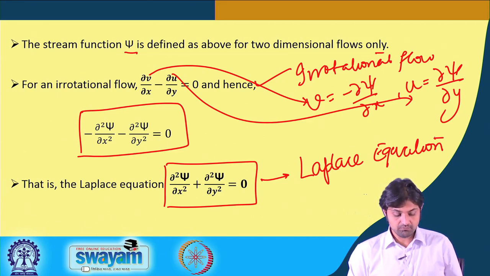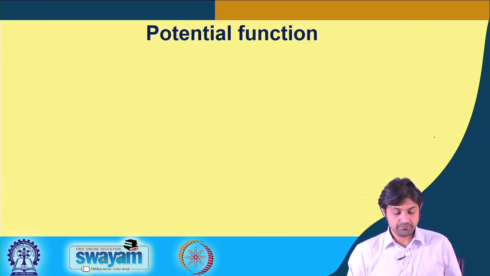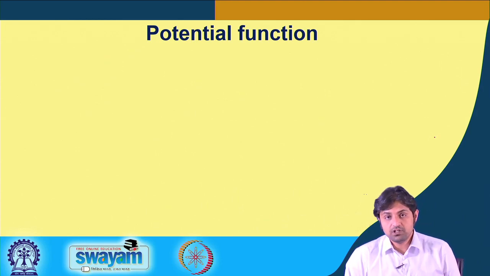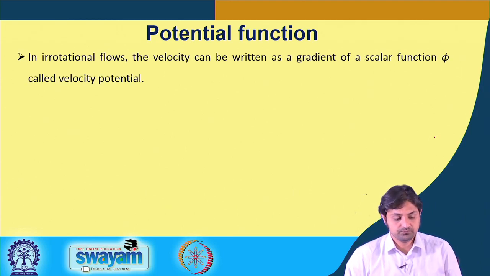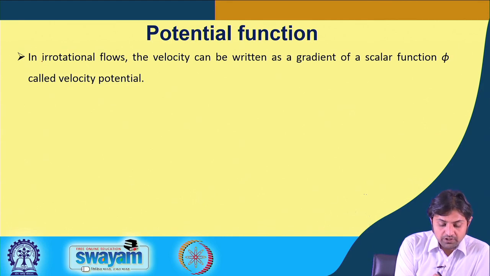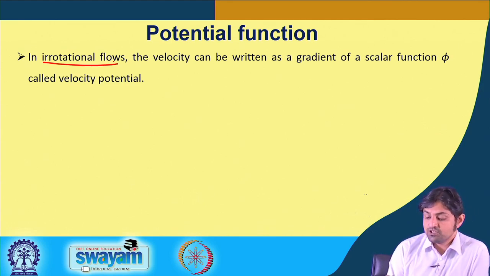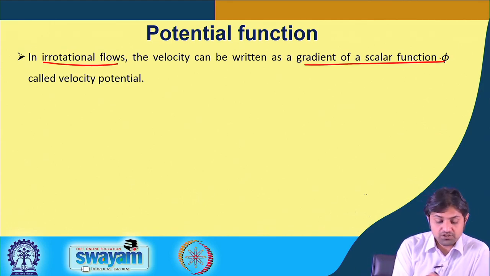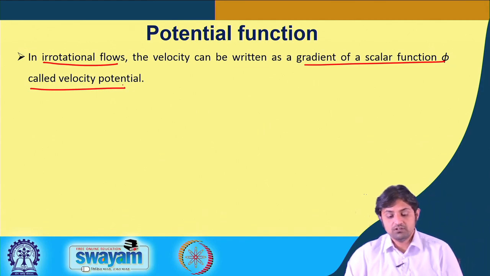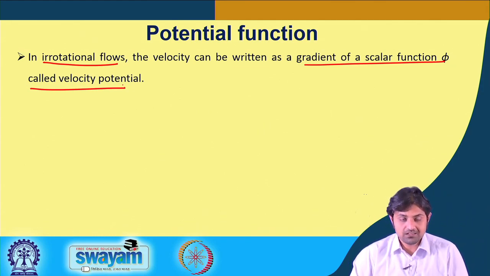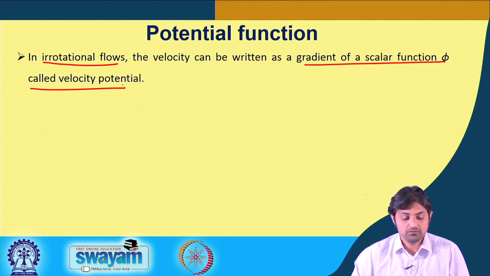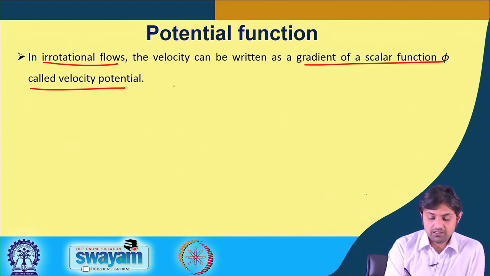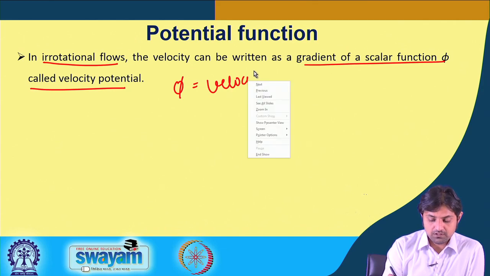All right, we can proceed to the next slide. There is something called a potential function. In an irrotational flow, the velocity can be written as the gradient of a scalar function phi called the velocity potential.